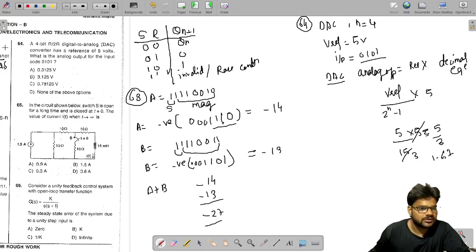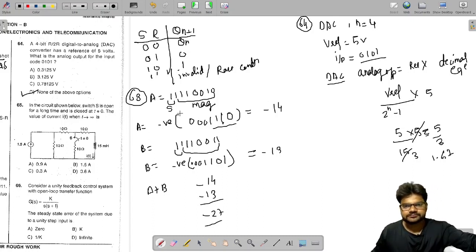If you check, no option is 1.67, so none of the above, option D, is correct.